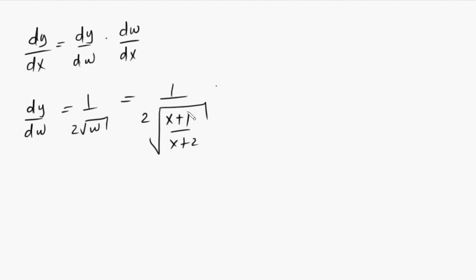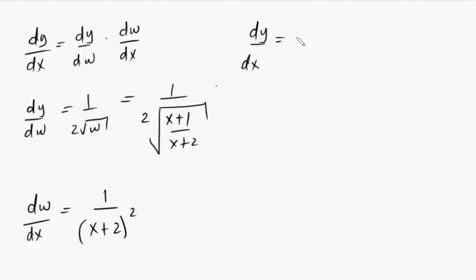This was dy dw. And then dw dx, what have we got? We have got positive 1 over x plus 2 squared. So my dy dx now, I just take this dy dw, 1 over 2, this one is x plus 1 over x plus 2 to the half, times 1 over x plus 2 squared.